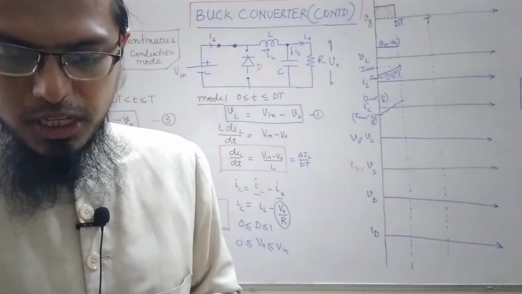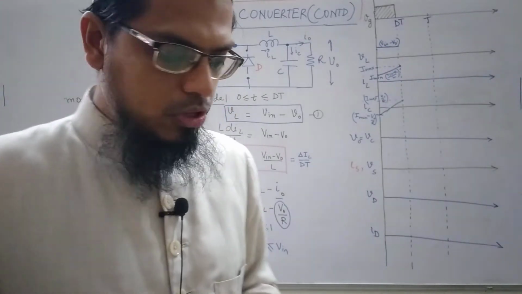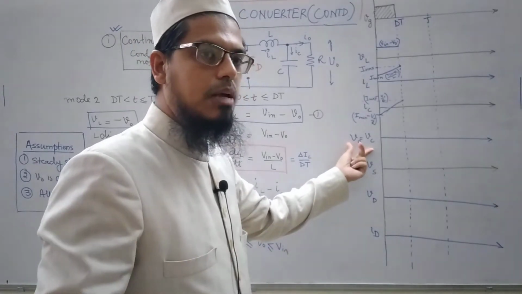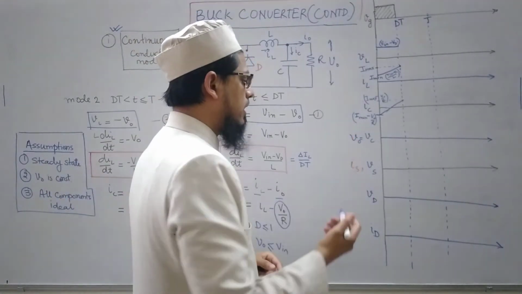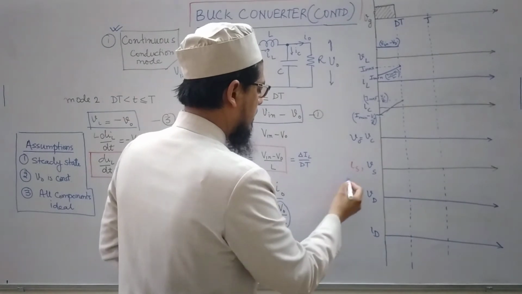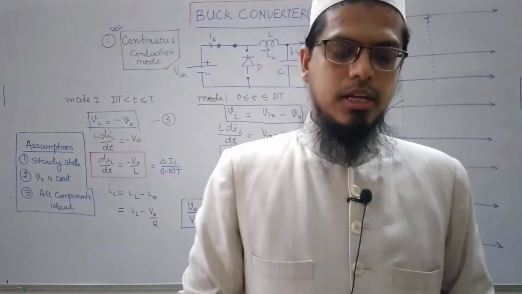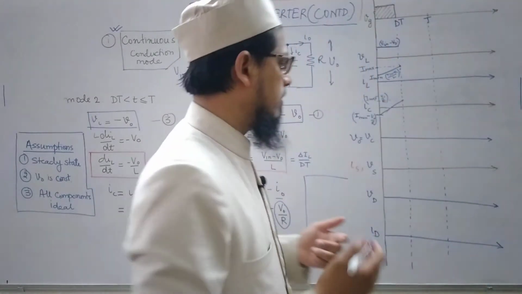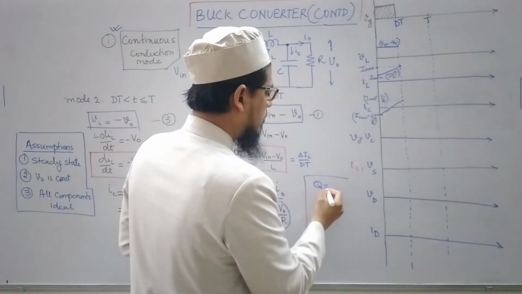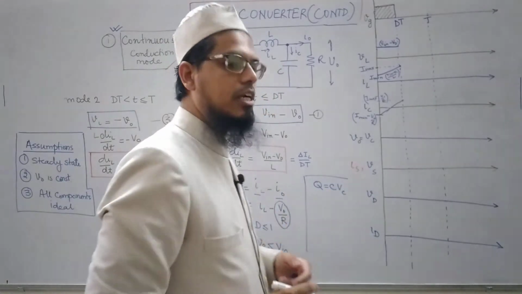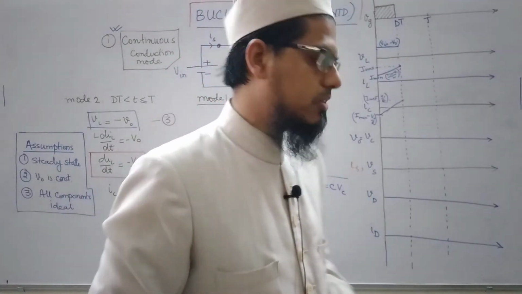To see how the output voltage, which is equal to the capacitor voltage, will vary, let me write down one relation here. We know that the charge accumulated in the capacitor is given by C times the voltage appearing across the capacitor, Vc.